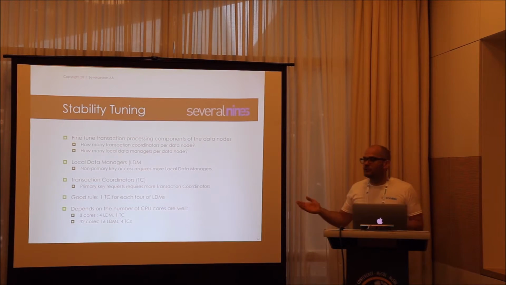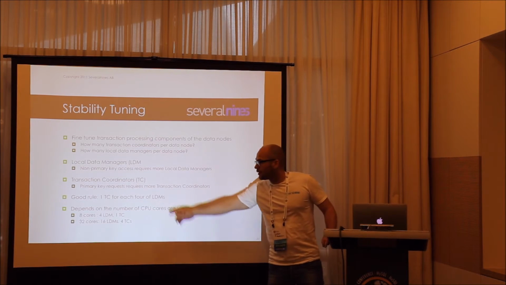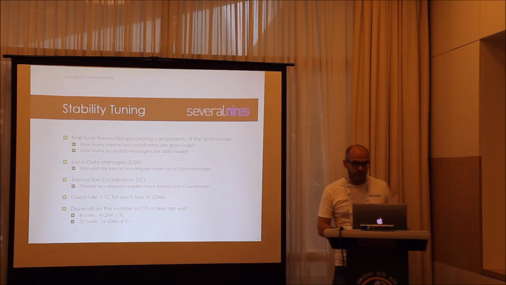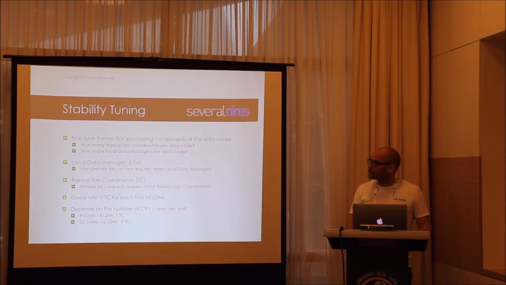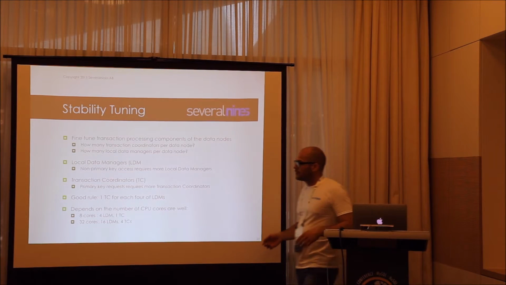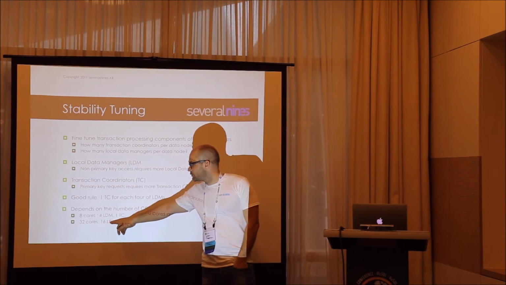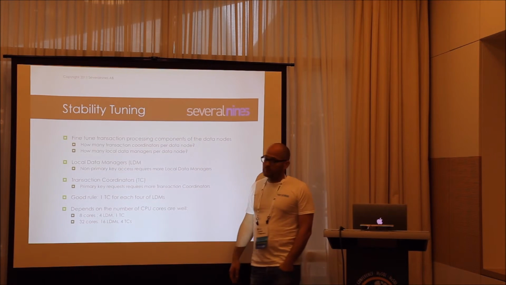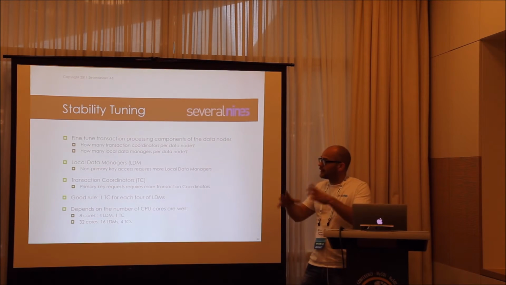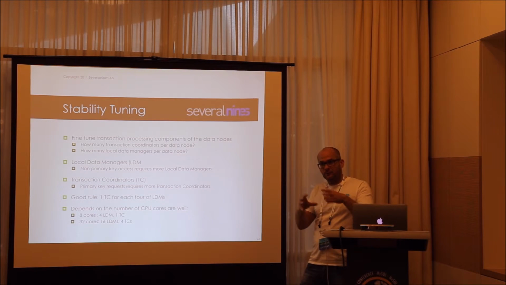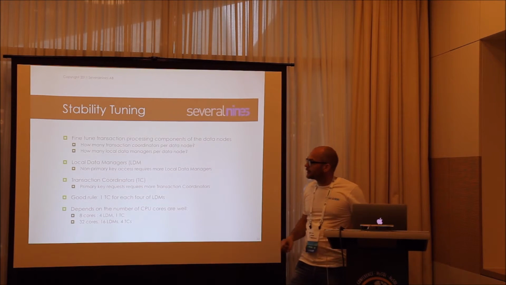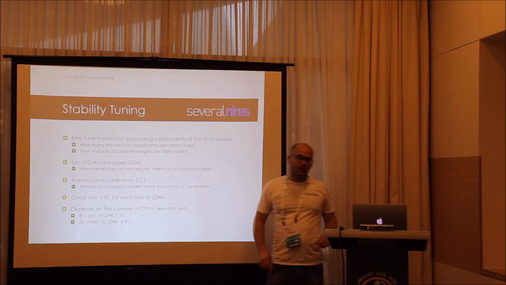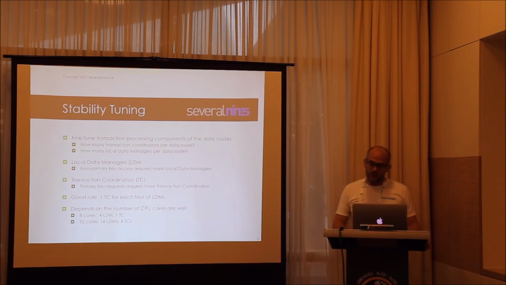If you don't really know, a good rule of thumb is one transaction coordinator for each 4 of the local data managers. For example, on a very powerful machine you would probably have about 16 of these data managers, which are the ones actually storing the data, and 4 of these transaction coordinators. That would be a good setup.